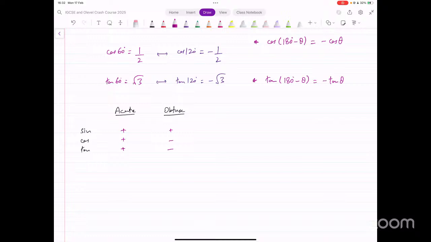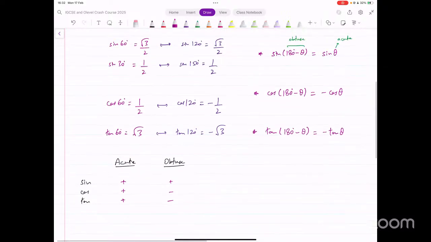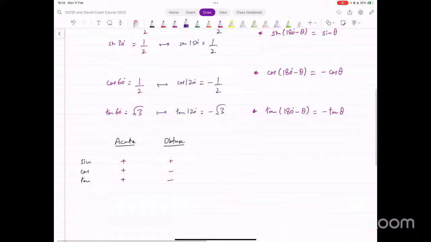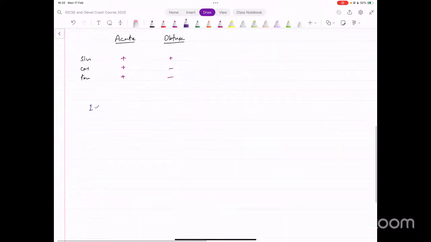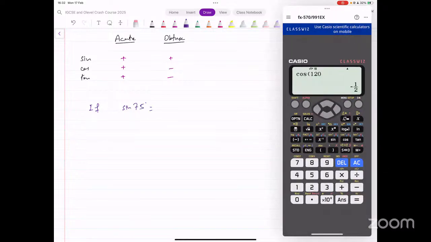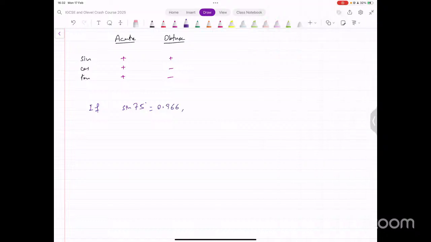Now, why do you need this when you can put this on your calculator? Sometimes it will come in the non-calculator paper. So you might be given the value of, let's say, sine of 75 degrees. They might tell you sine of 75 equals 0.966 to three significant figures.